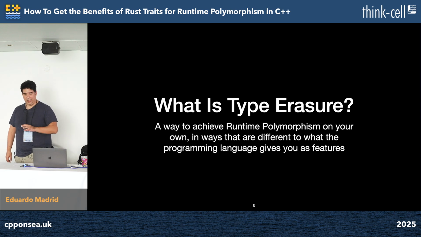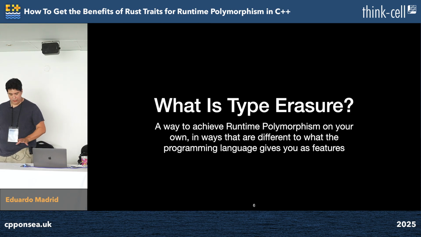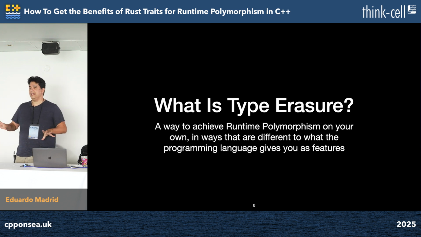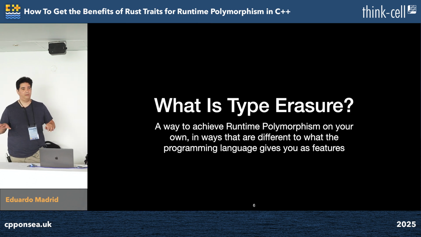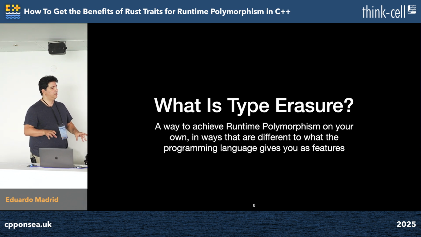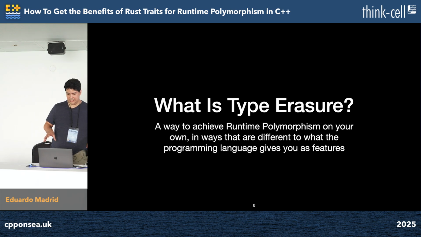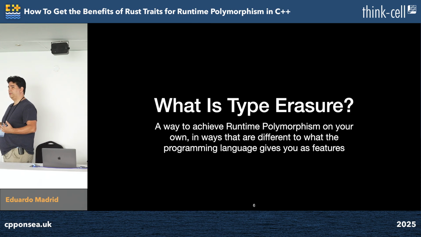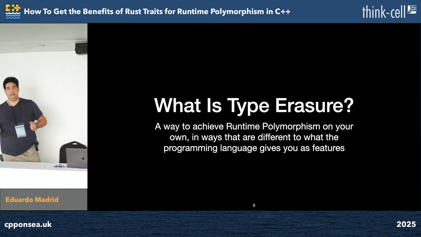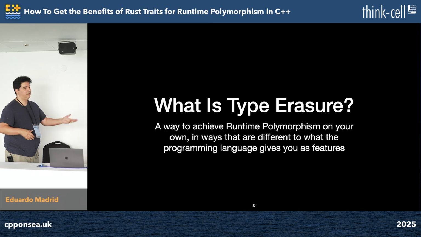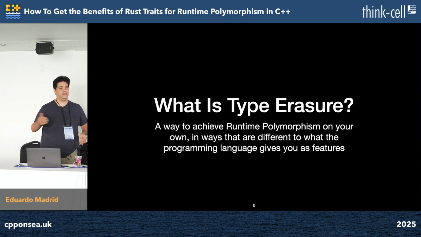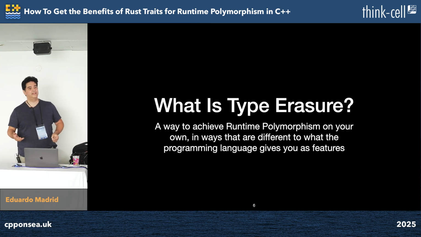I don't want to define type erasure beyond simply telling you that it is like a master key to implement runtime polymorphism in a practical way. We use features of C++ that are very hardcore, that make it irrelevant whether you're going to be using things like the mechanism of inheritance and virtual in the C++ language itself.